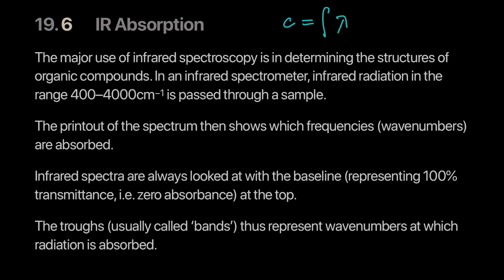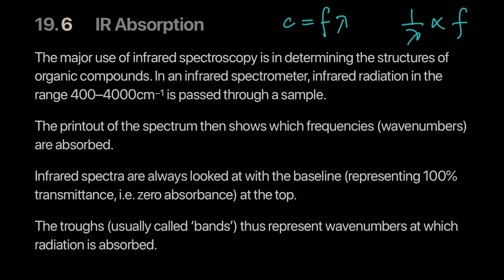So 1 over wavelength is proportional to frequency, because the speed of light is constant. The wave numbers are really just proportional to frequencies, so we won't worry about the units as such, but it's called wave numbers.